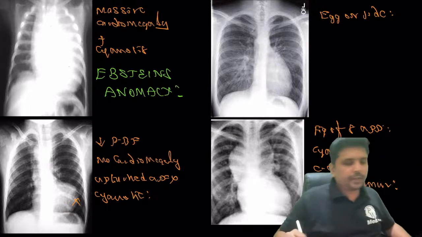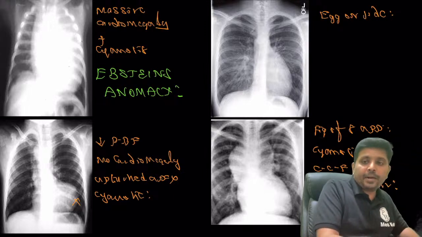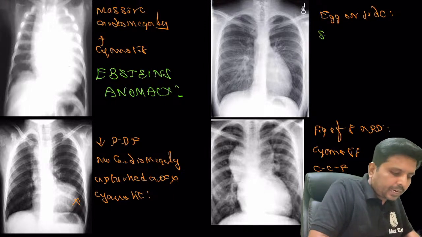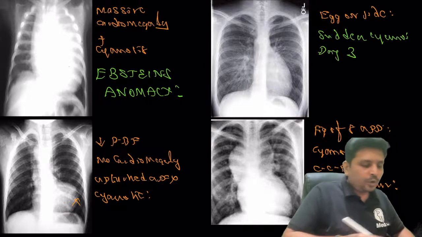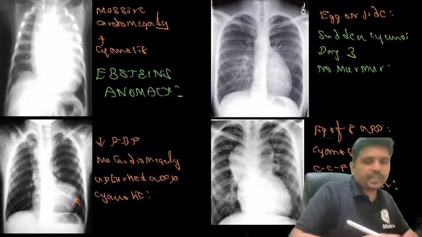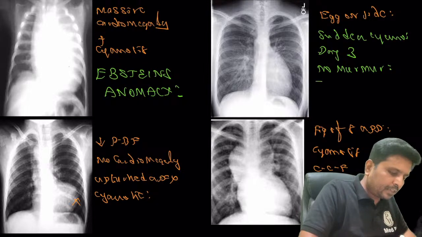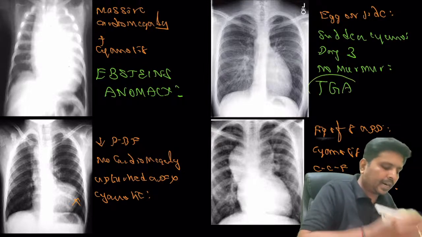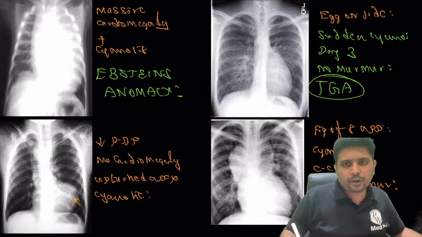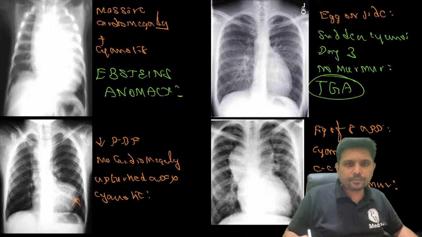Then the egg-on-side heart, but before that, you need to know sudden cyanosis on day 3 after birth, no murmur, and the X-ray shows egg-on-side. This is called transposition of great arteries.